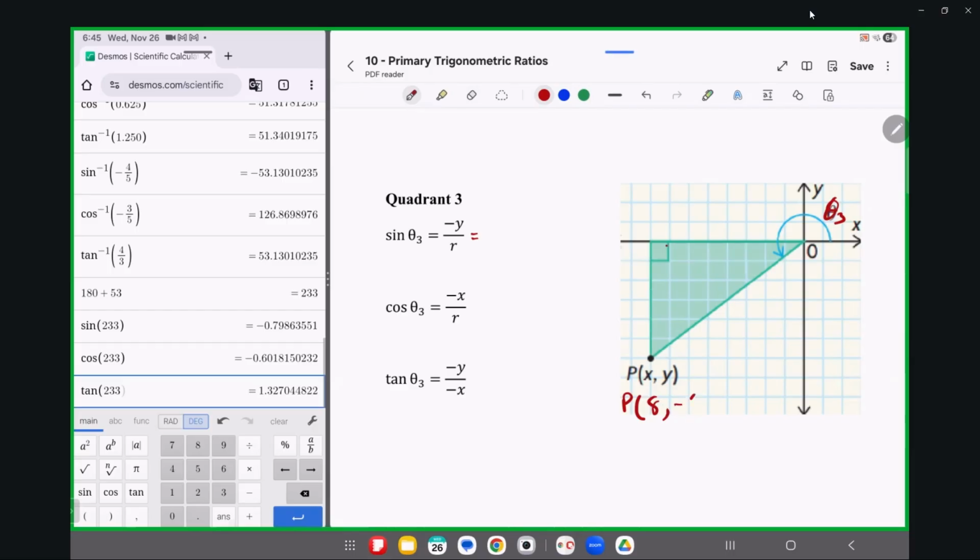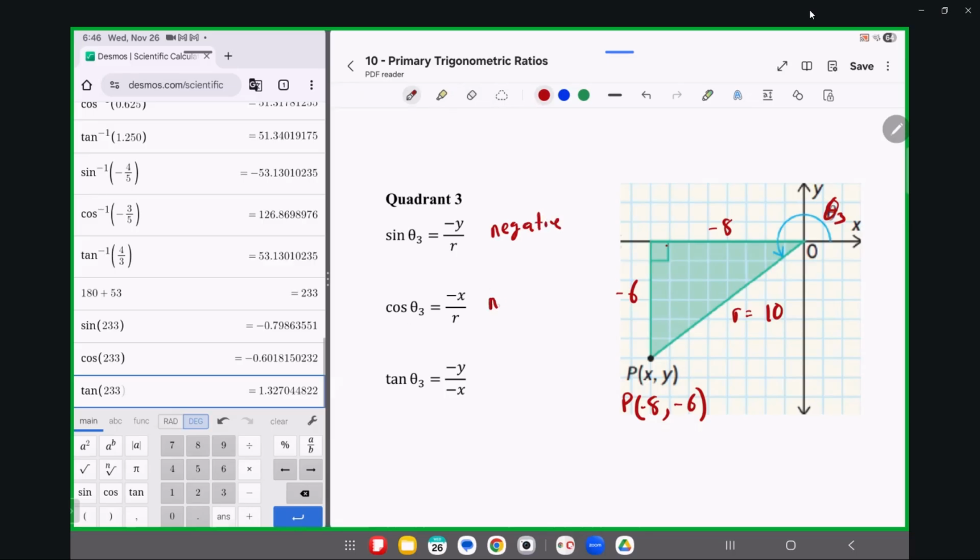This looks like the point negative 8 comma negative 6. So the radius will be 10. In general, here sine of theta 3 is negative y over r. So this ratio will be negative.